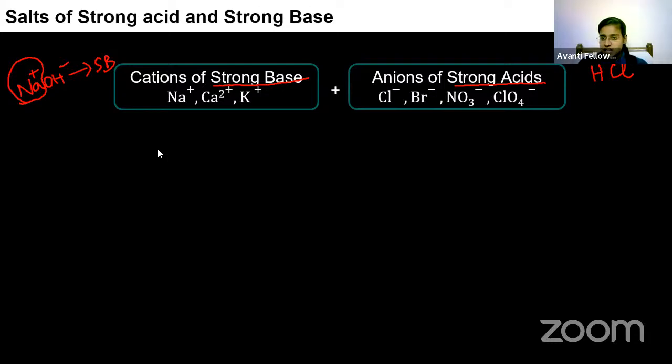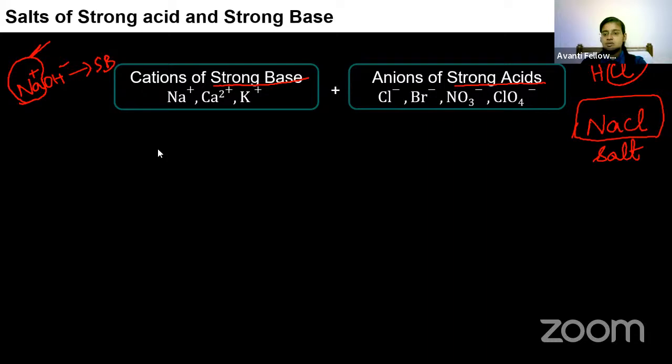So the anion of the strong acid is Cl minus. Okay. So these two combinations will give the strong acid and strong base salt. So Na plus and Cl minus will come together and form NaCl salt. And this salt is a combination of strong acid and strong base.